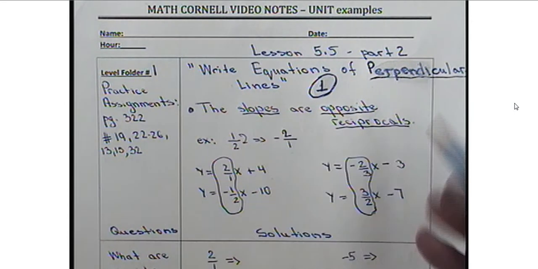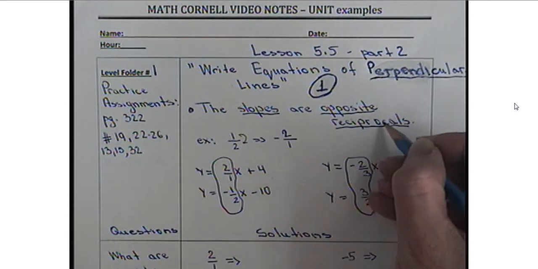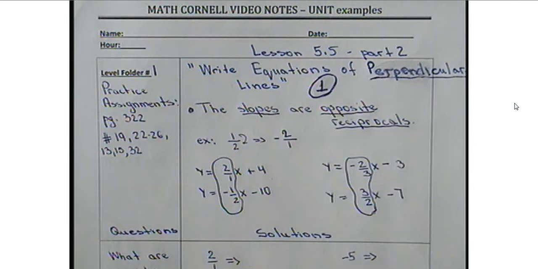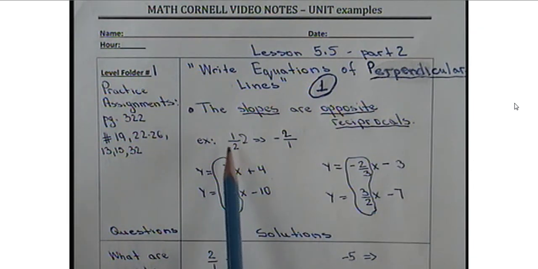But also, not just reciprocals, we're talking about opposite. So if one slope is positive, then the other one has to be negative. Every time you think about perpendicular lines, pay attention to the opposite slope with a different sign and also reciprocal numbers.